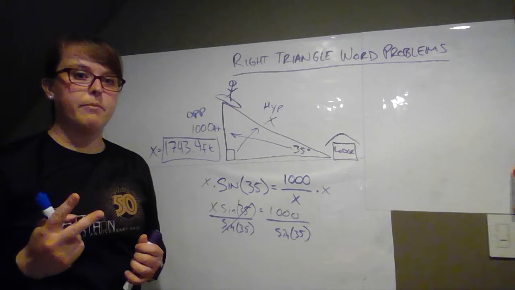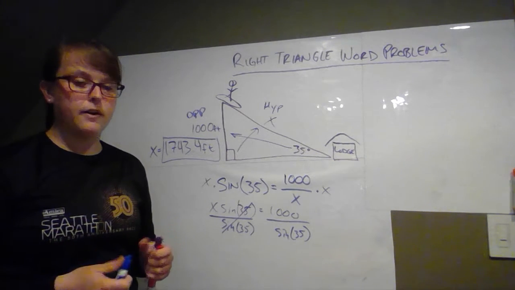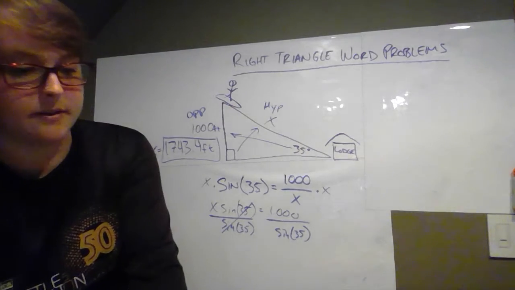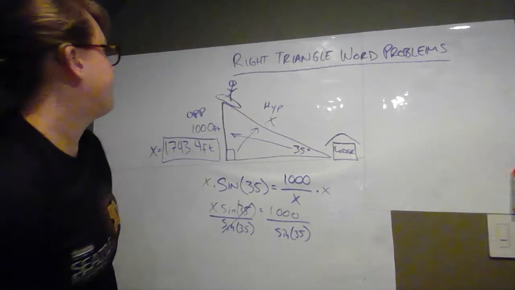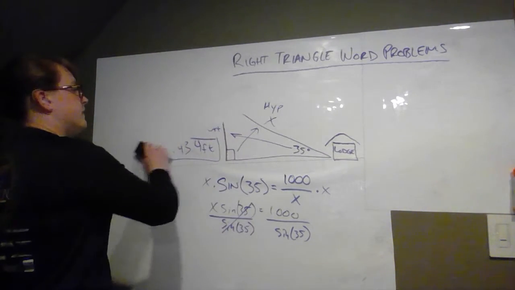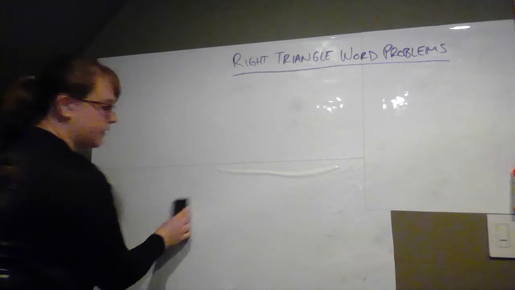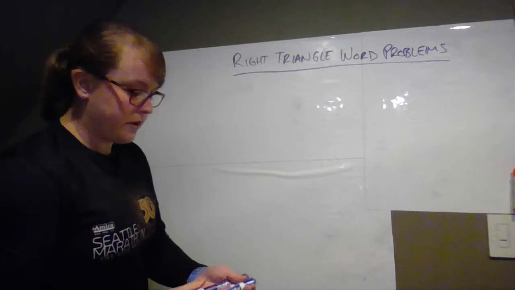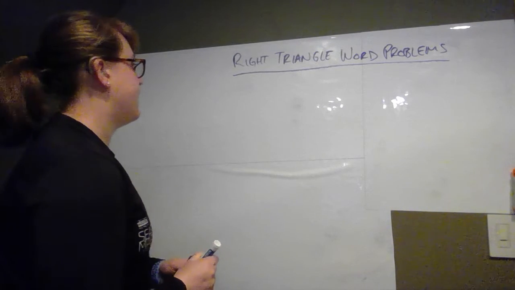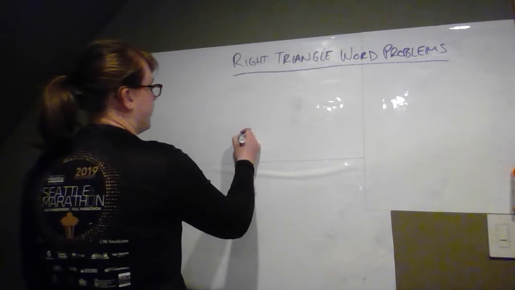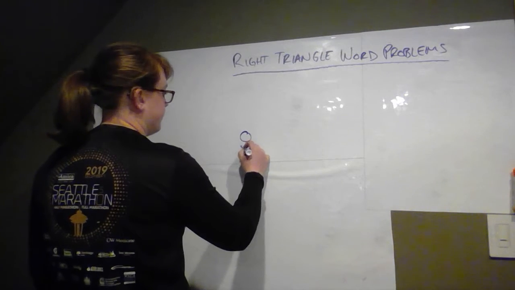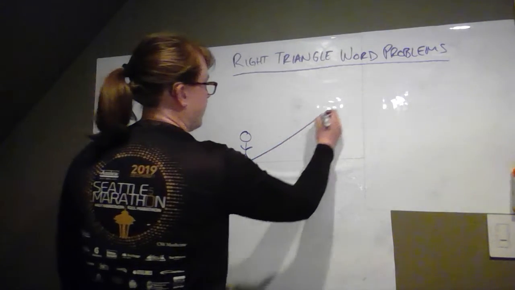The second kind of problem that you might see is going to be solving for a missing angle. So for the solving for a missing angle problem, we're going to say that you are hiking up to a lake.